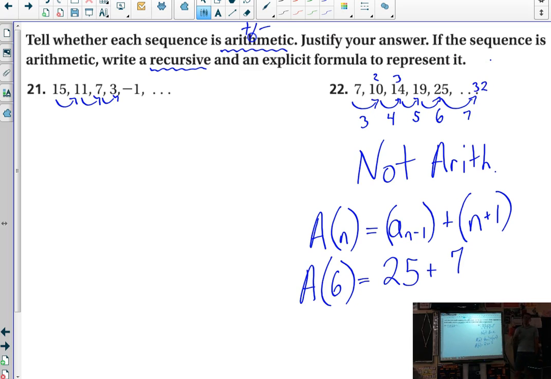I would continue to do that, but recursive formulas are annoying because I can only move one step at a time. I have to know the previous value, which is where explicit comes into play, to say I can find the value at any moment. I don't need the previous term. So on 21, you want to write the recursive, something like this, and then an explicit, which is more like the y equals mx plus b, that sort of behavior.